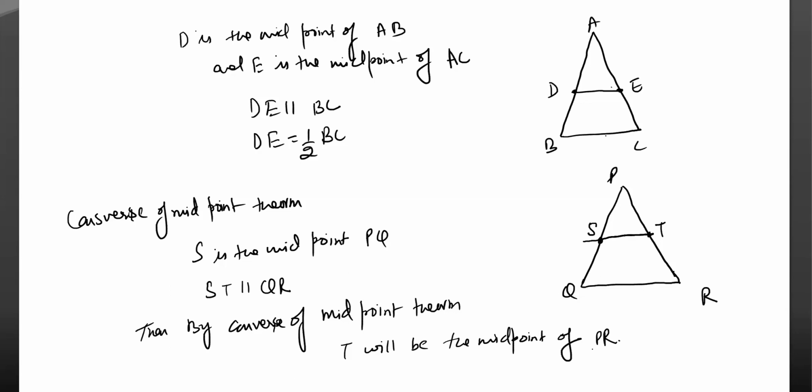There are three things: two midpoints and one parallel. In the midpoint theorem, this is the midpoint of the first side, this is the midpoint of the other side. If a line is passing through the midpoints of two sides of the triangle, then the result will be that it is parallel to the third side.